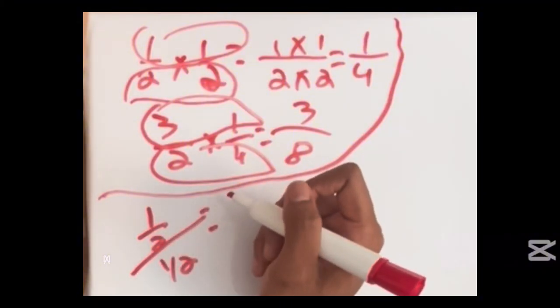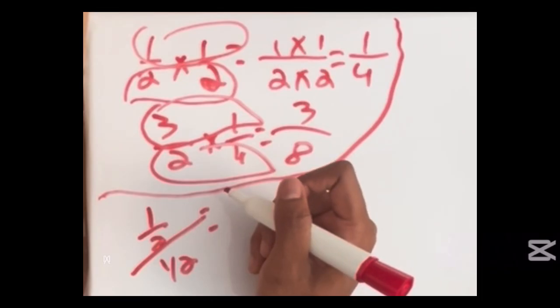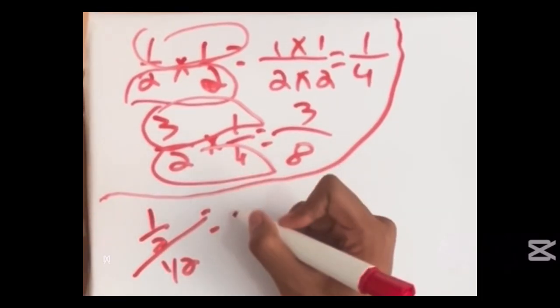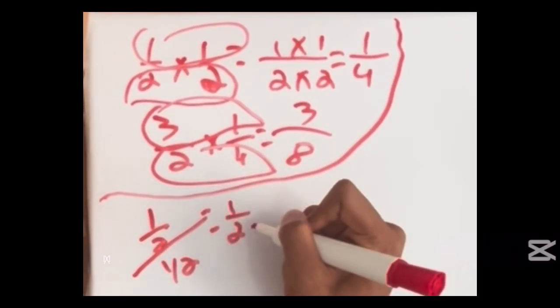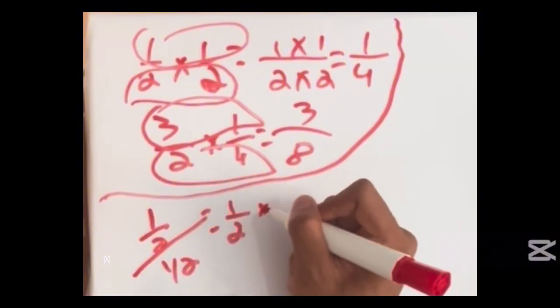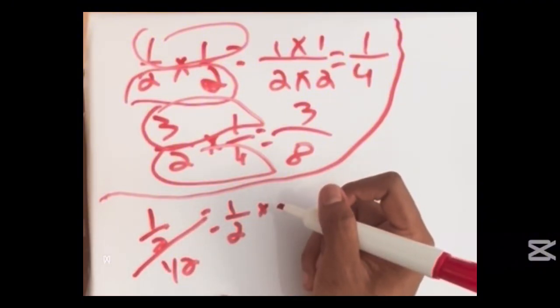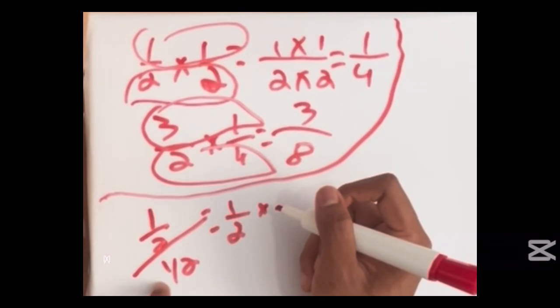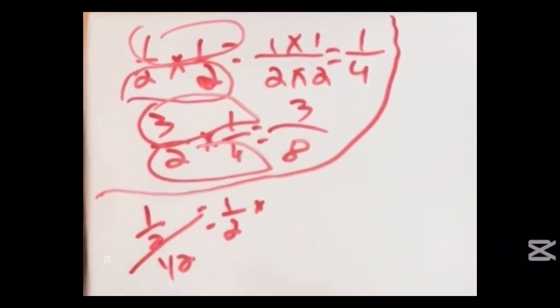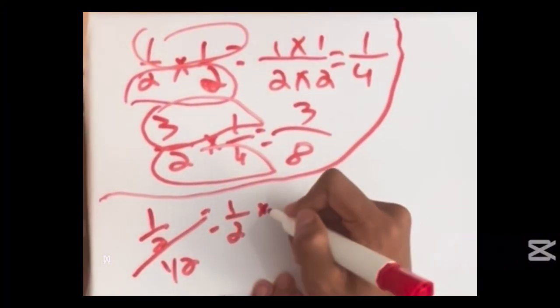The principle for this is you take the first fraction, 1/2 here, and you multiply it by the reciprocal, I think, the inverse of the bottom one. I don't know how to say the reciprocal. You guys tell me in the comments.